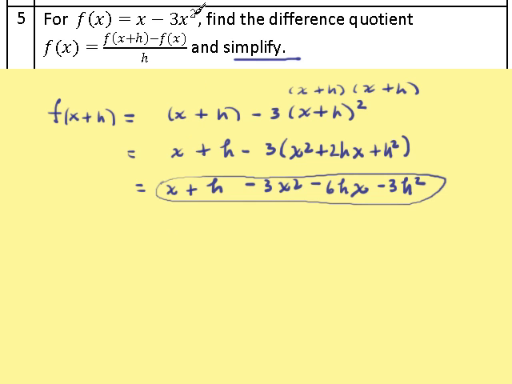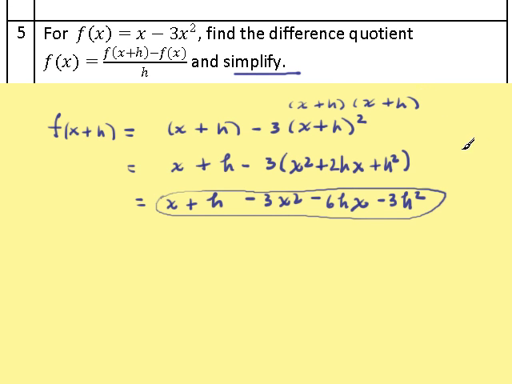In number 5, we have the same function, x minus 3x squared, and we want this difference quotient. Well, we already found f of x plus h. I kept it over here. All right, so let's use that and put it right over there. So we're going to form f of x plus h minus f of x over h.